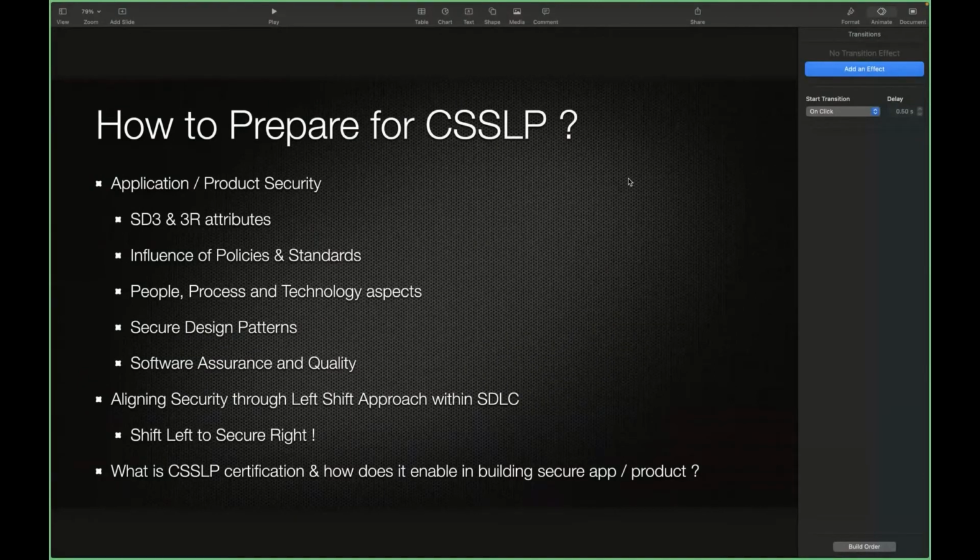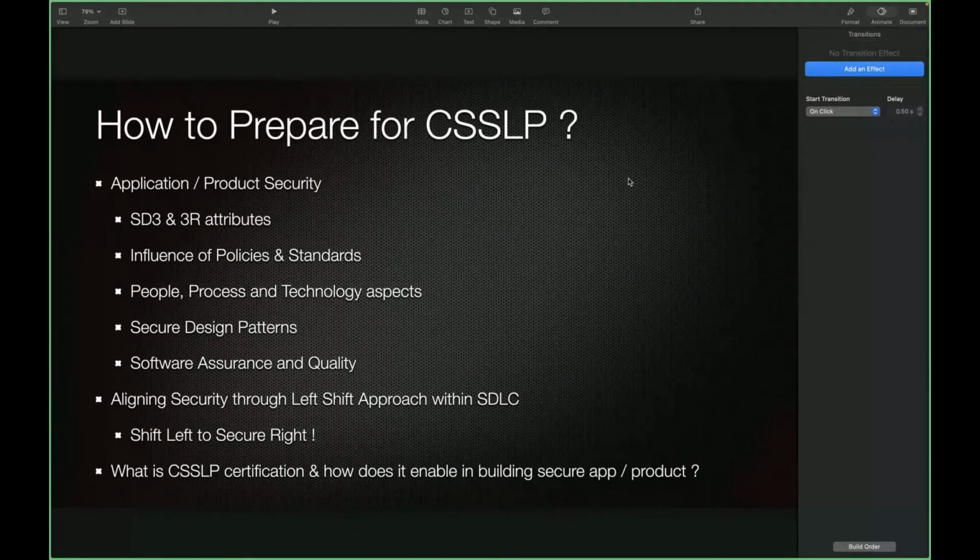And if you look into the other part here, we have something called the 3R attributes. So what is it actually? In order for any application or product to attain the SD3 level, which is secure by design, secure by default, and secure by deployment, there must be a certain level of assurance the software must achieve. If the software does not have a certain level of assurance, then it does not meet the criteria of SD3.